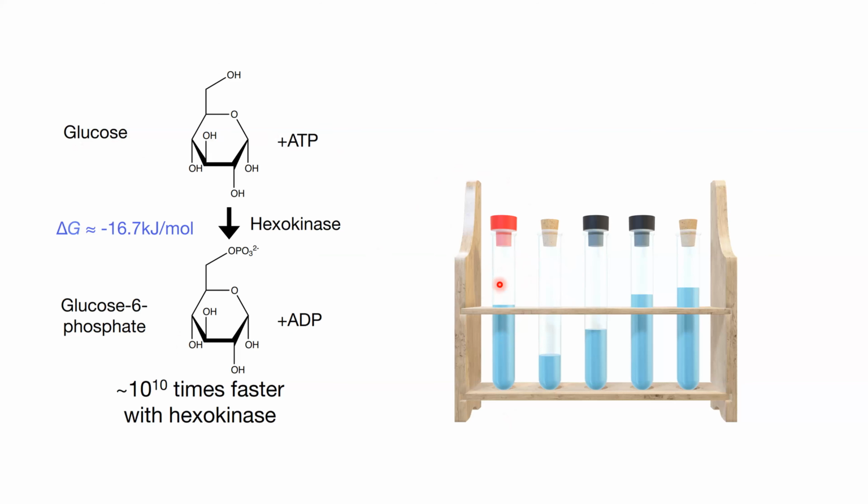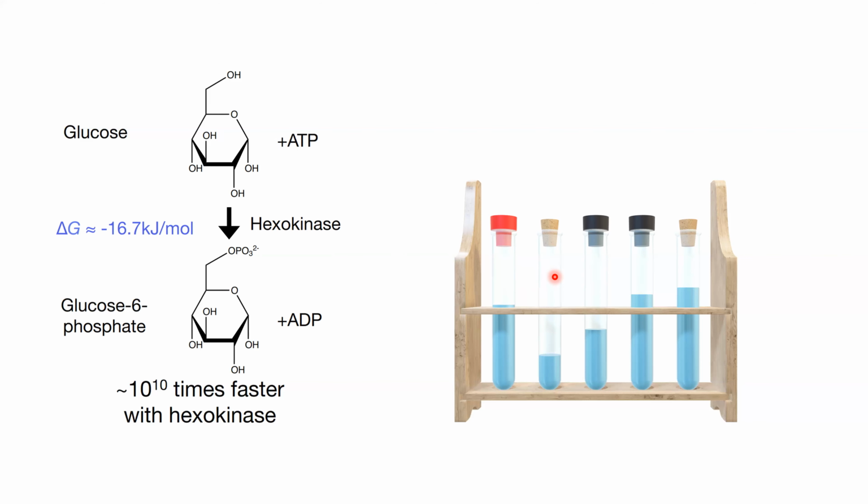And there are no external factors. Now in the next one, we keep the concentration of glucose and ATP the same, but we are adding the hexokinase here. So one is with the presence of the enzyme, and one is with the absence of the enzyme. So we will see what happened.